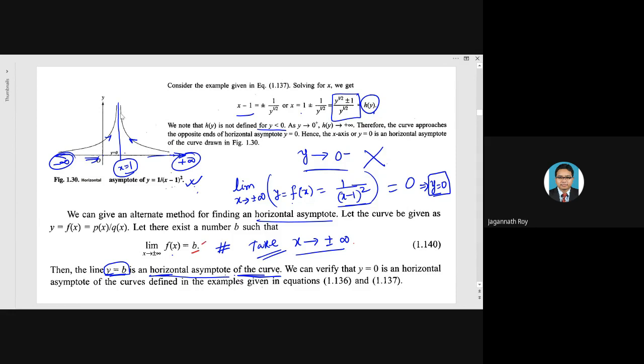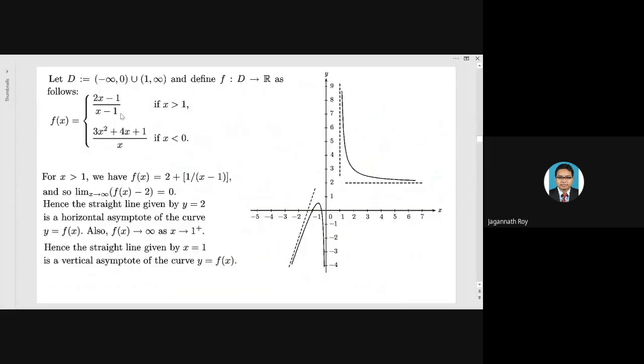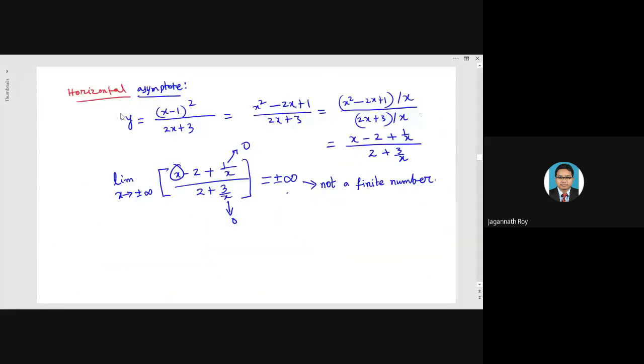Actually, here I should have mentioned that this should be strictly less than infinity. So this is a finite number. If it is finite, then we call it a horizontal asymptote. But now we are seeing that the finite limit does not exist. So there is no horizontal asymptote.